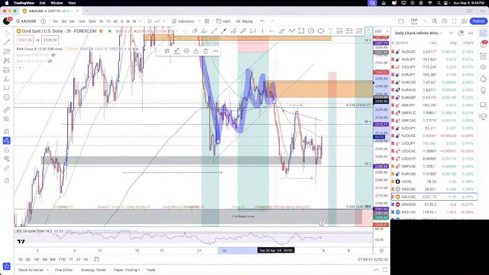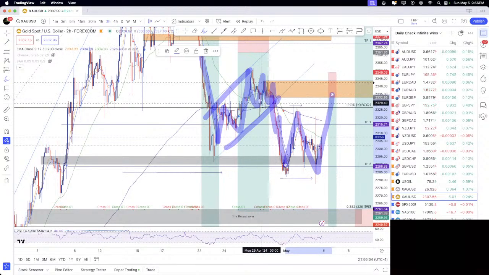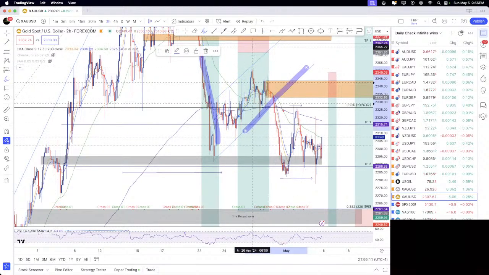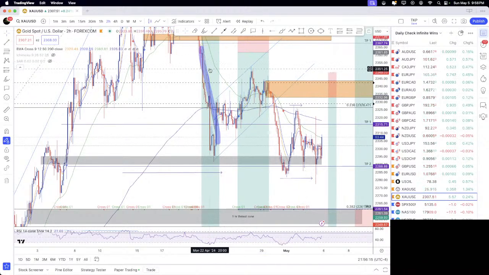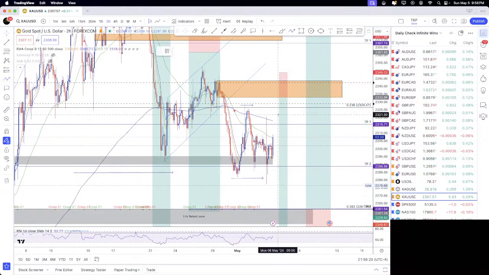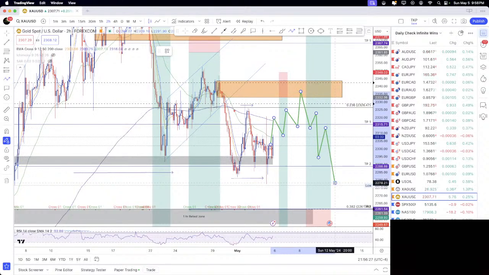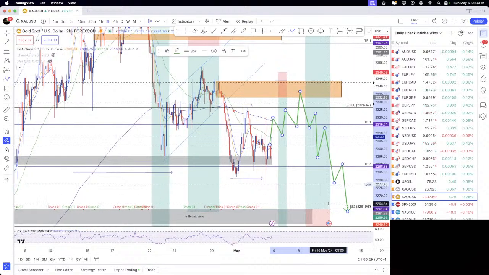But when it's moving down and you see a move like this, we call this a flag pattern. And in most cases, the area where that moving support line is broken, this area here, that's normally where you'll see price retest that flag before continuing to move to the downside. So what I'm looking for is exactly that to happen, a retest of that area, and see price move down to our TP3.